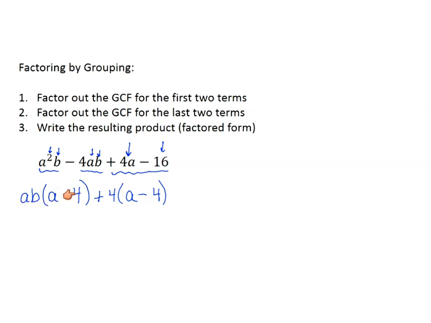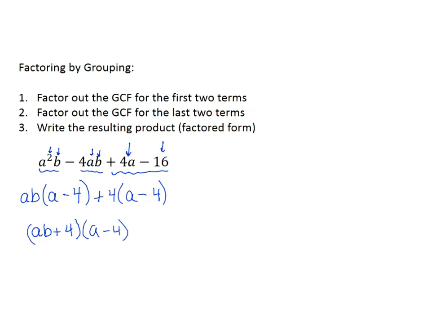So that means that if we have ab times this quantity plus 4 times this quantity, we can rewrite that, think of it as doing the opposite of the distributive property. And we would have ab plus 4 in one set of parentheses and a minus 4 in the other.